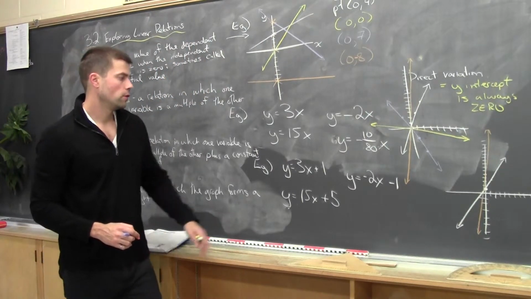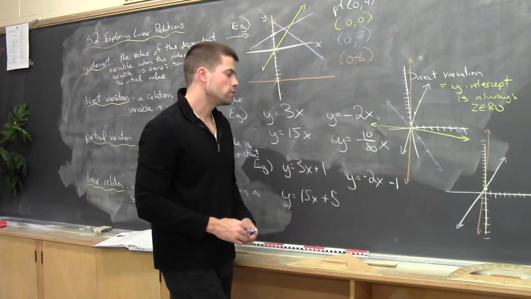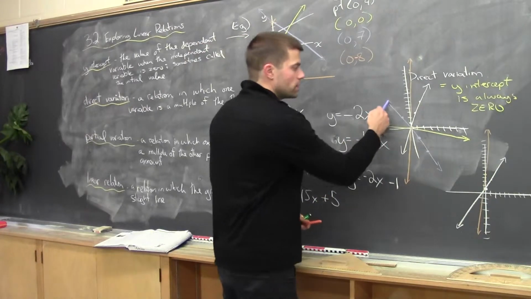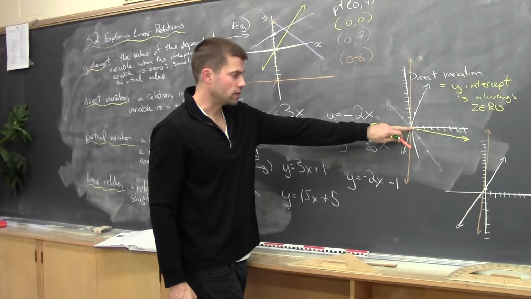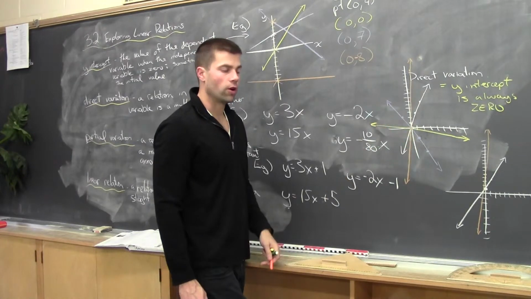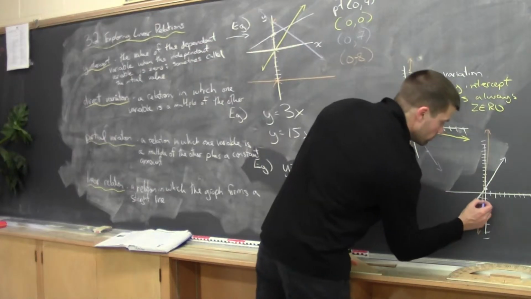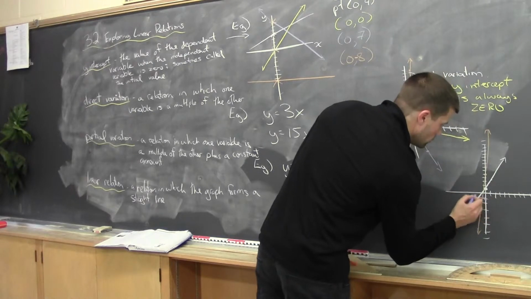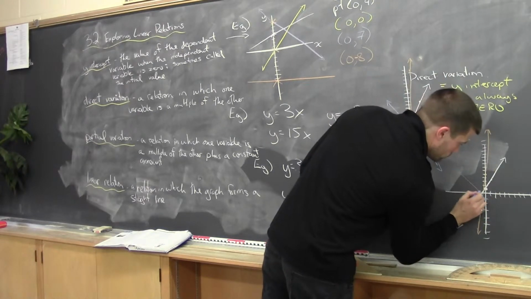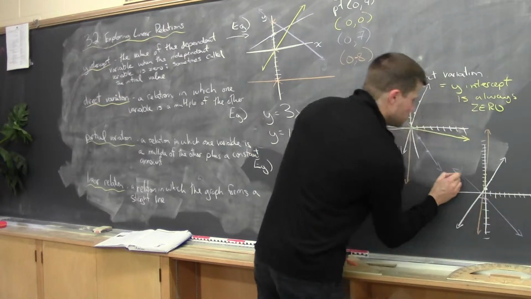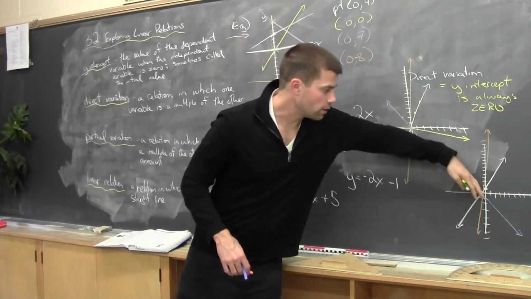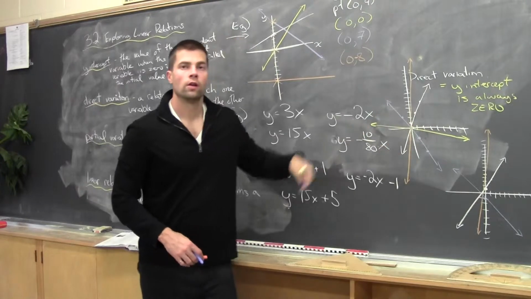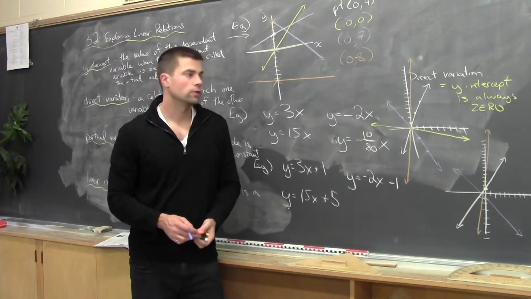Okay? When y is equal to negative 2x minus 1, we're going to get this purple graph, but now when x is 0, my y value is not 0, it's actually negative 1. So I have this graph. Okay? So same slope, same angle, except your y-intercept has moved.